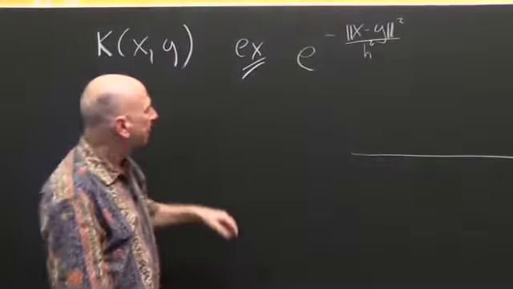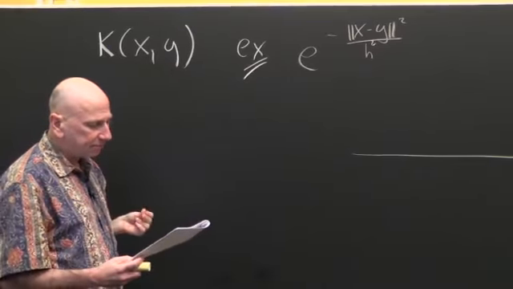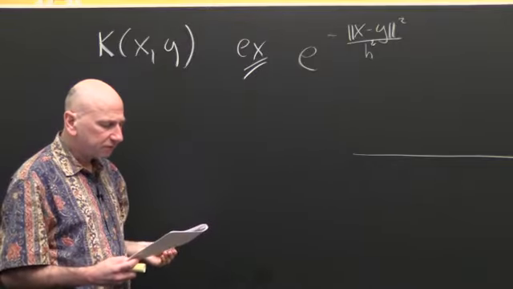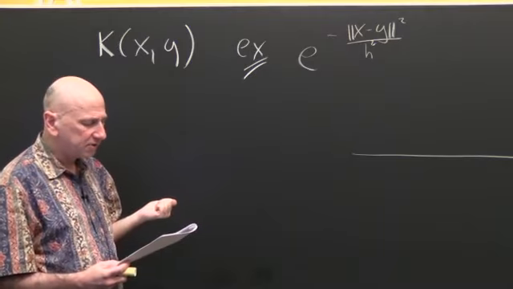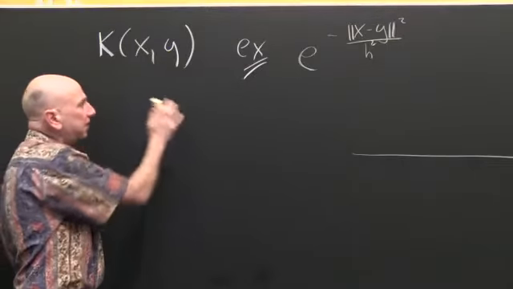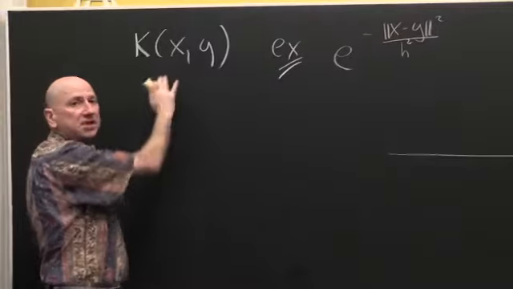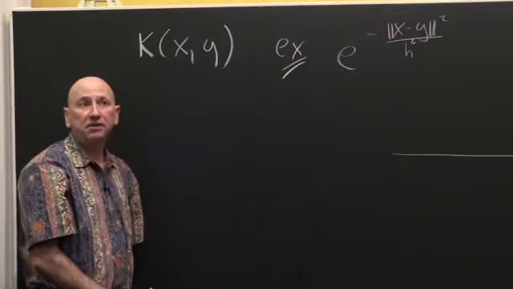Here's the recipe. This is a function of two variables, but let's temporarily fix one of the variables and think of it as a function of the other variable. So for example, if I think of x as fixed for the moment and just think of it as a function of y, well, in the normal case, what is that? That's a normal with mean x, right?